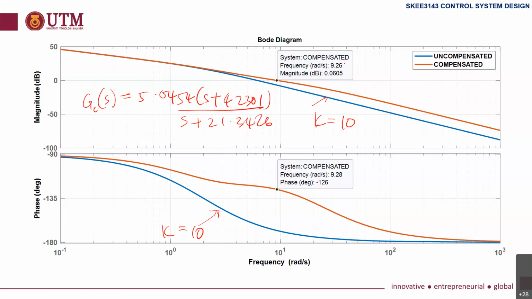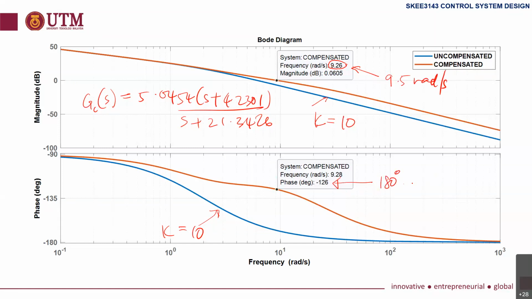Now let's see when it crosses 0 dB. It crosses 0 dB here. The value that I can get is 9.26. We designed for 9.5 radian per second just now, so this is not so accurate. And if we check the phase at that point, we get 126 degrees.